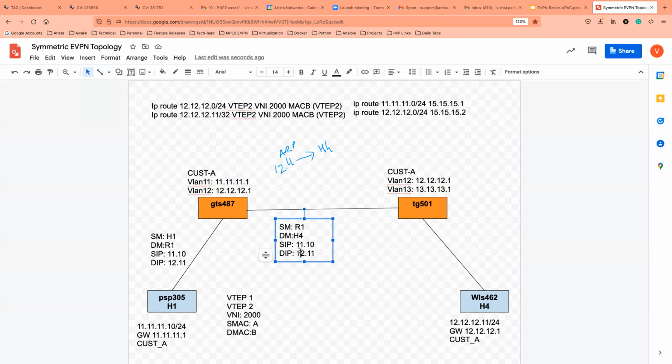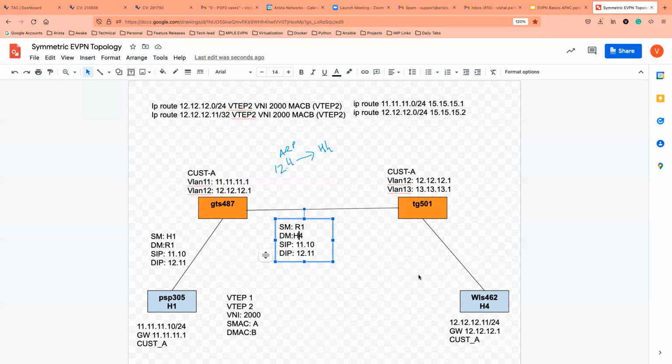Symmetric, I think the destination MAC has to be router 2, because it will route from the common VLAN back to VLAN 12. So we'll discuss that, we'll come to that. We're not up to that yet. We'll change that and discuss it.